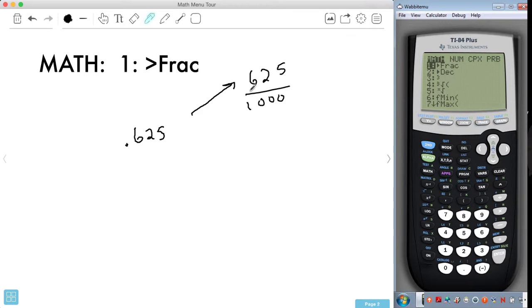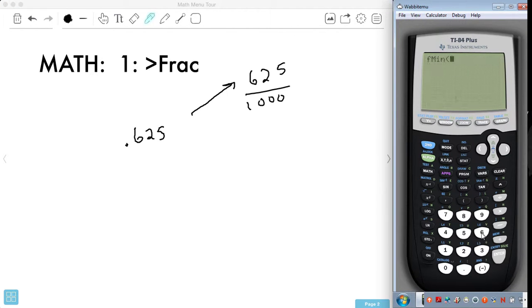Sometimes it's hard to remember that, and sometimes it's a bit of a pain to reduce that giant fraction you get. So let's see if our calculator can help us a little bit better. If I type in 0.625 and then I head to my math button and look at option 1, just press enter.